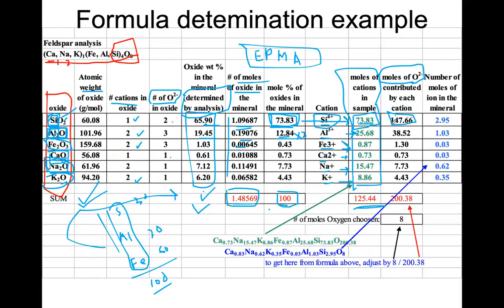And aluminium: for 2 aluminiums, you have only 3 oxygens, so for 1 aluminium, you must have 1.5 oxygen moles for representation, right?